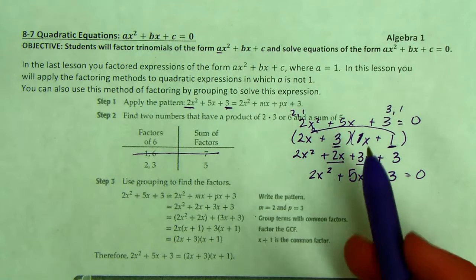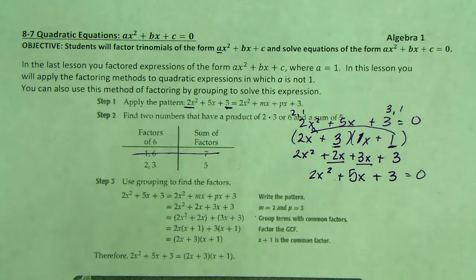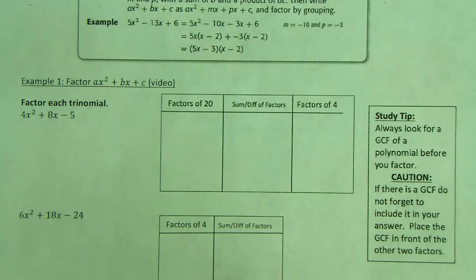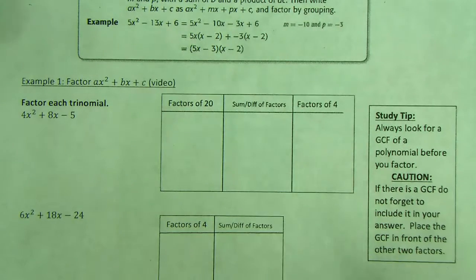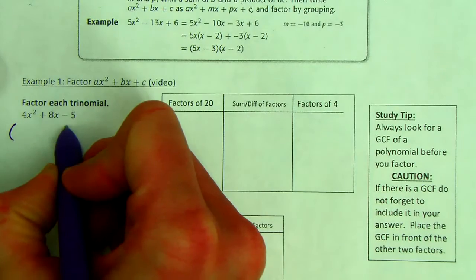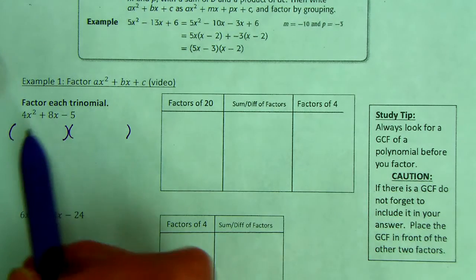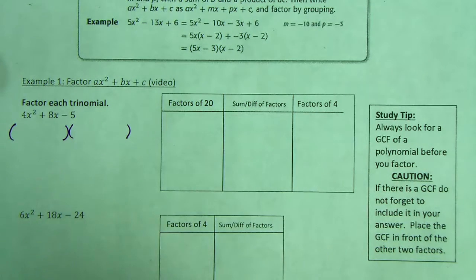All right, so you can look at this algebraic formula if you want to, but I just want to dive in, okay? So these first ones, we're not actually solving them, we're just factoring them. So right here, I'm going to put my parentheses for my 2, and 4 times 5 is 20. So all my factors of 20. We got 20 and 1, we've got 10 and 2, we've got 5 and 4, okay?